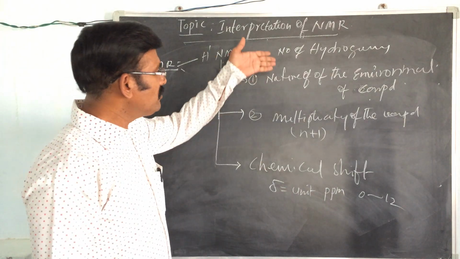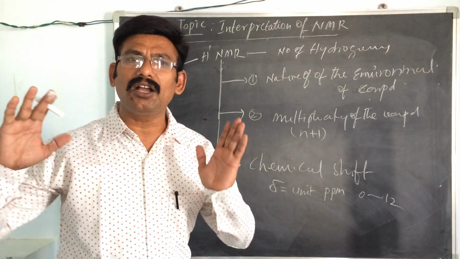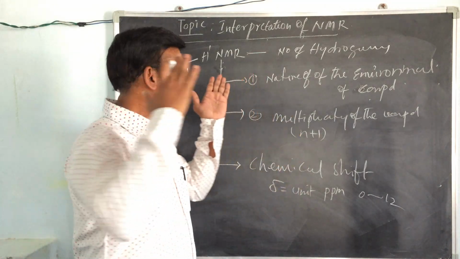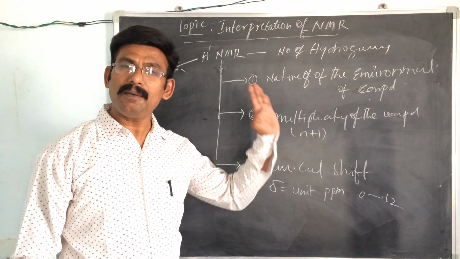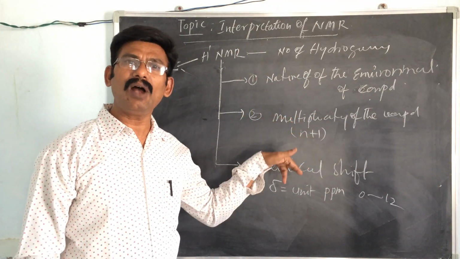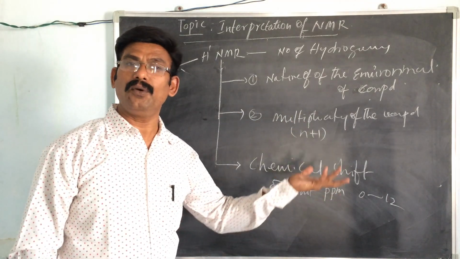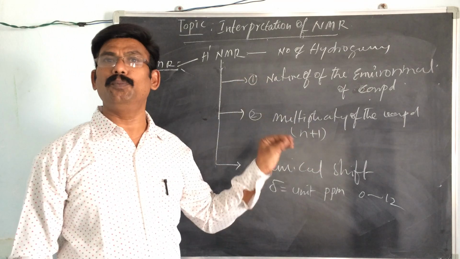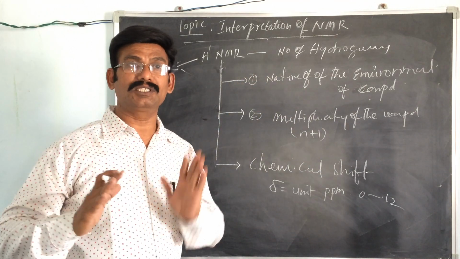If we know these 3 steps, we can identify any organic compound. We know the number of hydrogens present in the compound. Already we know the mass and functional group, now hydrogens. If hydrogens are known, we can know the presence of the functional group. We will identify 2-3 compounds at the end.